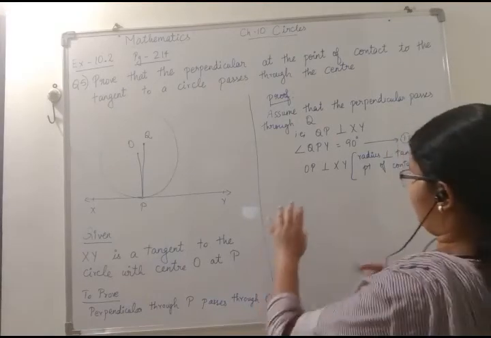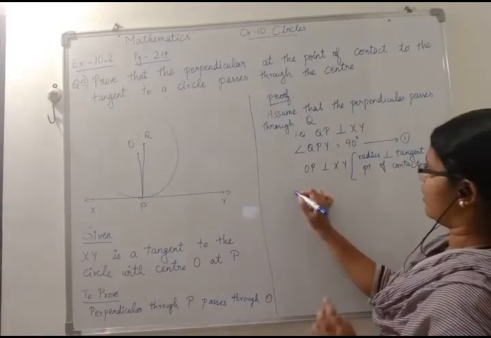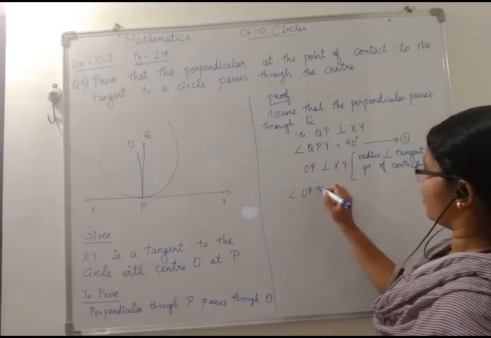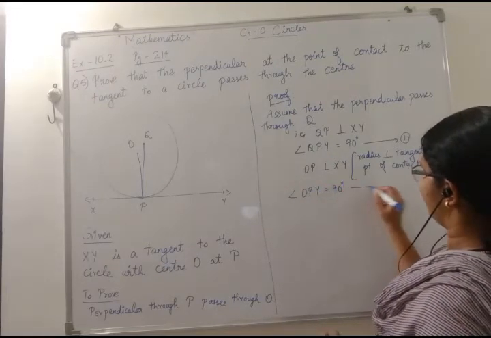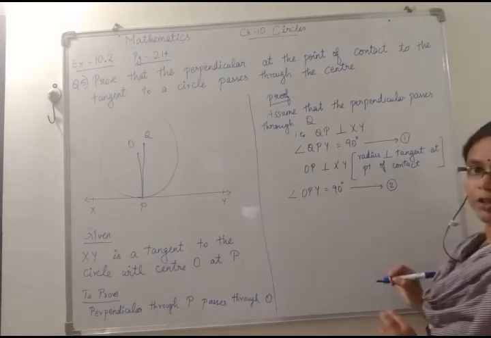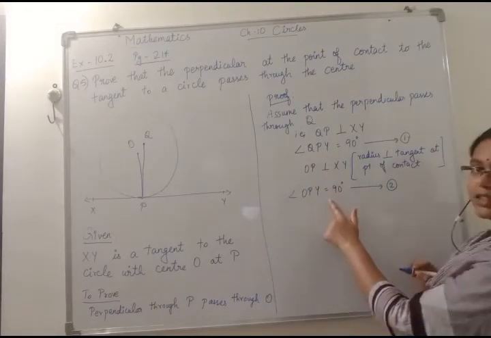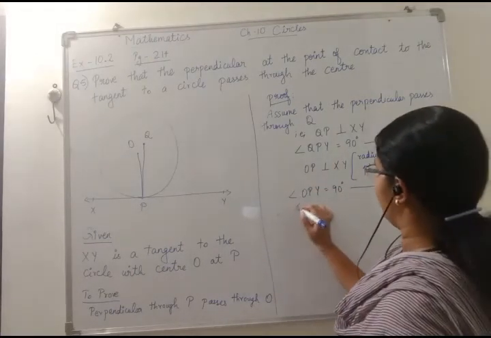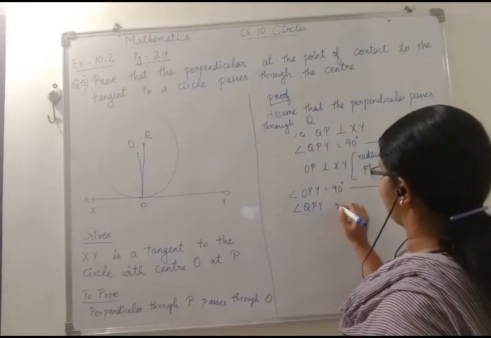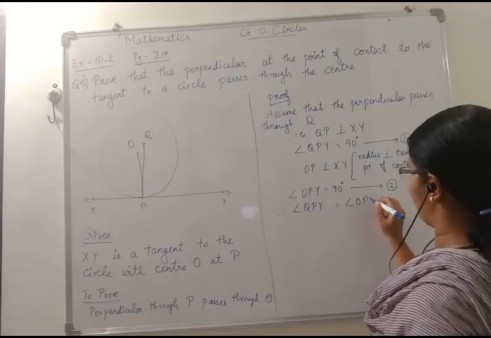Okay. So that means angle OPY is also 90 degree. Let's take that to the equation number 2. That means both the angles are equal. So therefore angle QPY is equal to angle OPY.